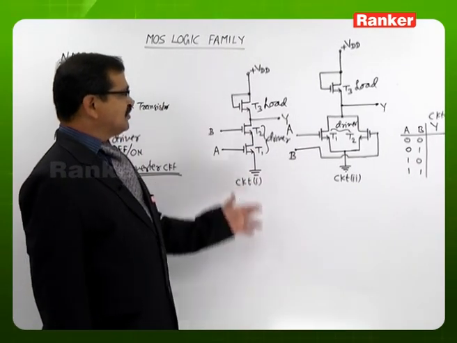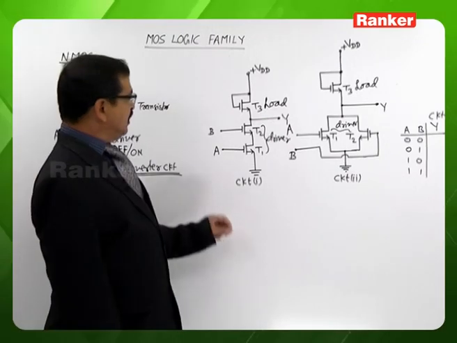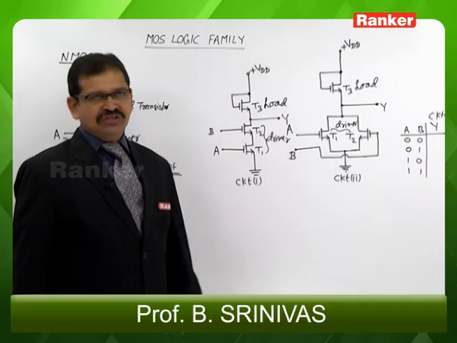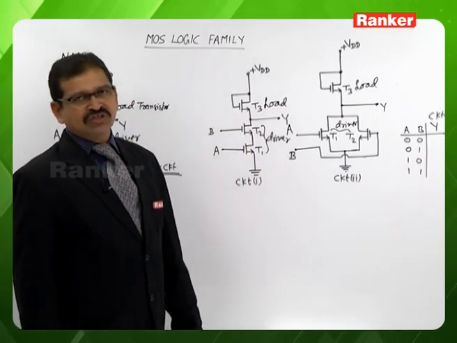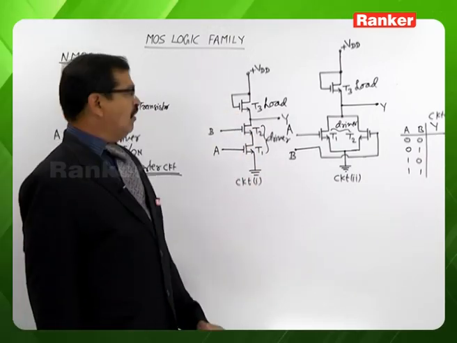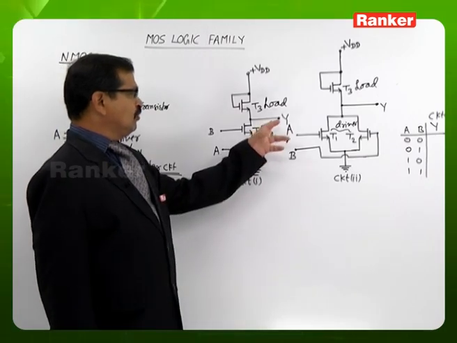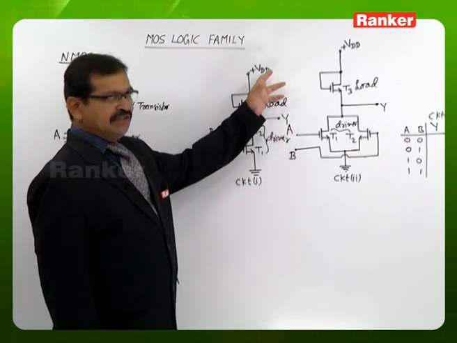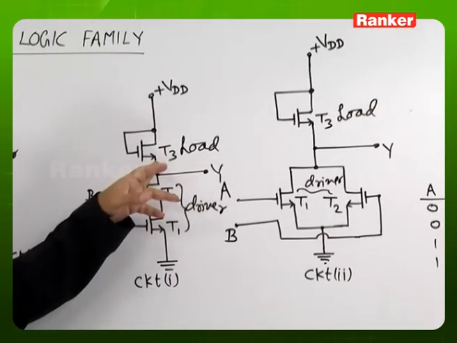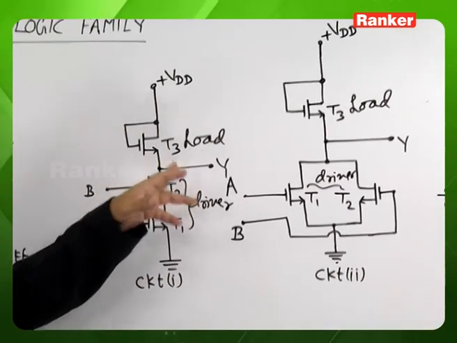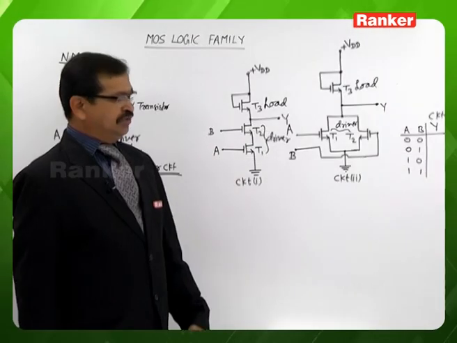Among these two driver transistors, as long as at least one transistor is in the off state, then output Y will be +VDD. Once at least one transistor is off, it means from the output terminal to the ground impedance is high, so output Y will be +VDD.